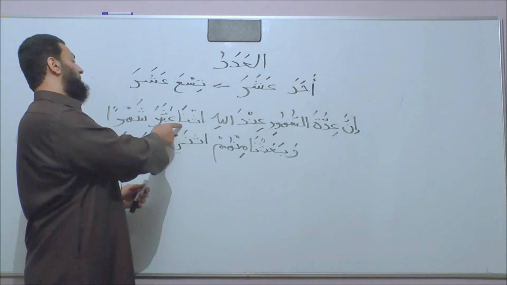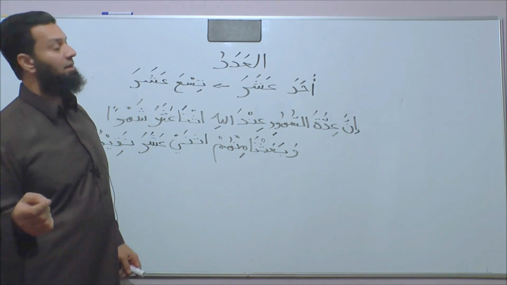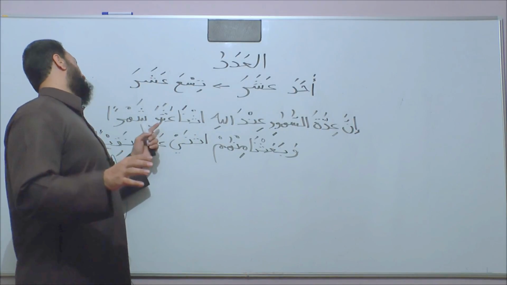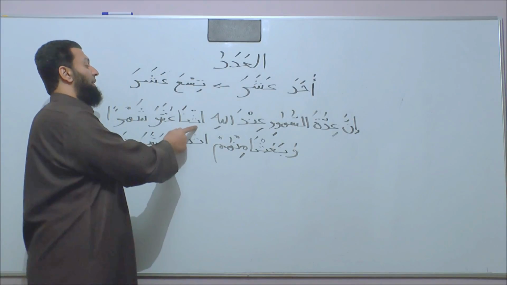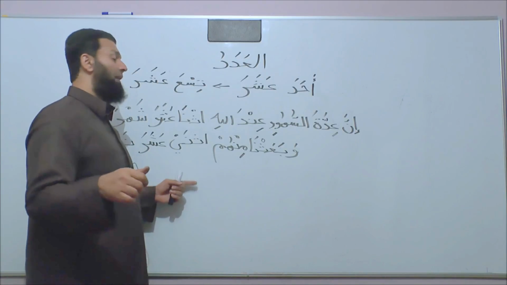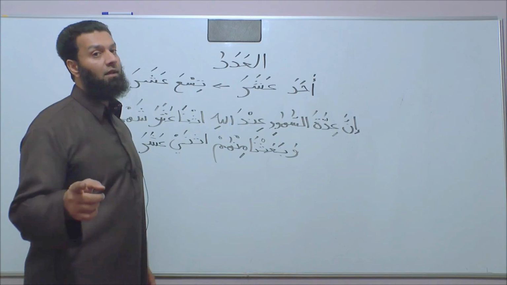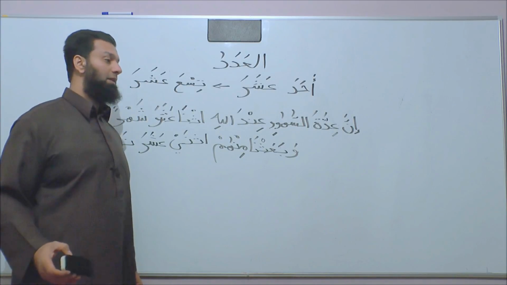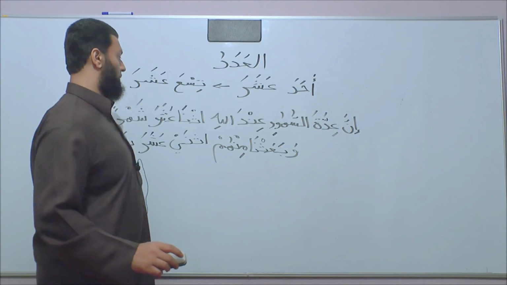We've got إثنا عشر and we have إثني عشر. The difference between them is إثنا is the marfu' state and إثني is the majrur and the mansub state. Right? Is that clear?